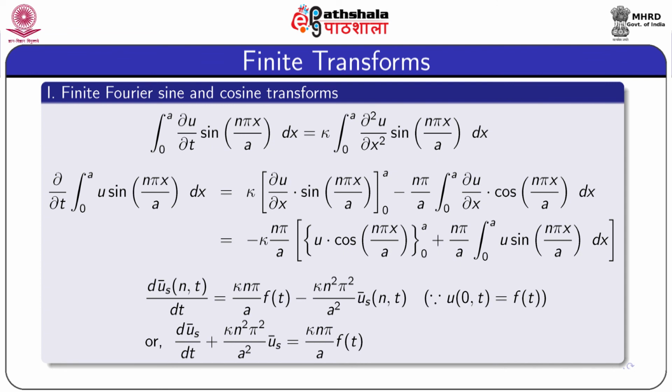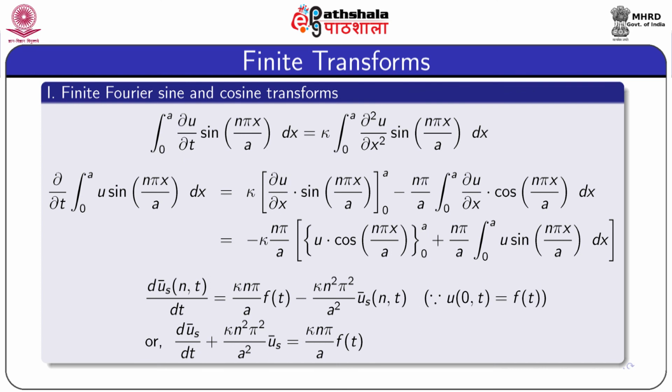Therefore the resultant equation is dt of u_s bar is equal to kappa n pi by a into f(t) minus kappa n square pi square by a square u_s bar n,t. Now this is an ordinary differential equation and this is a first order equation.